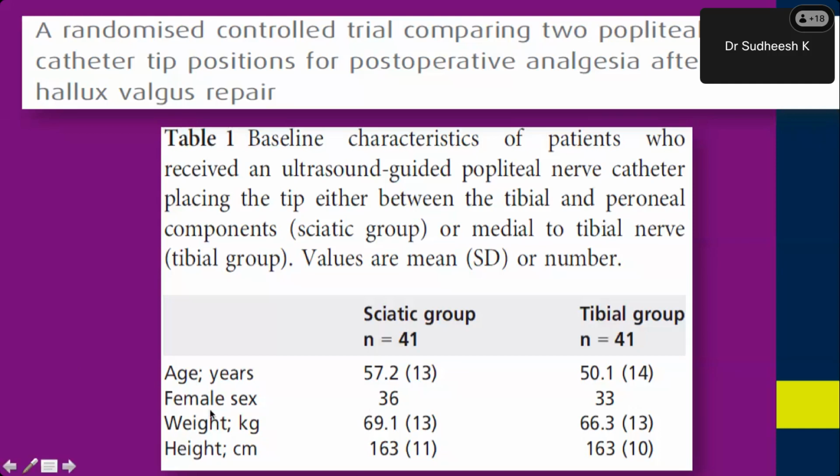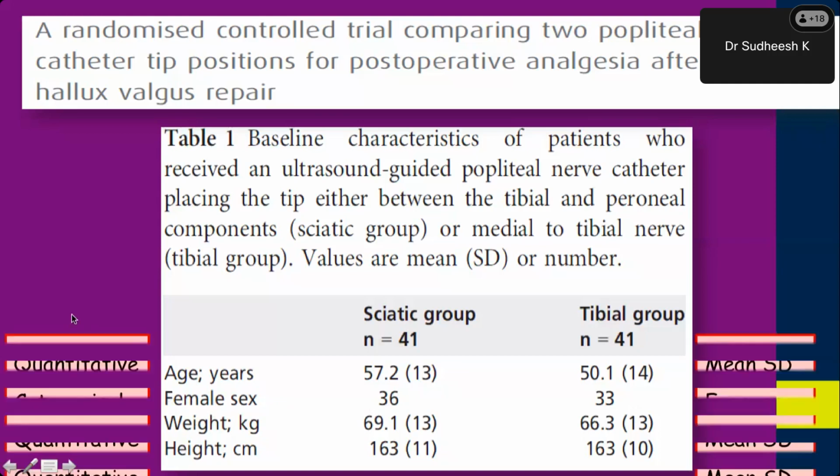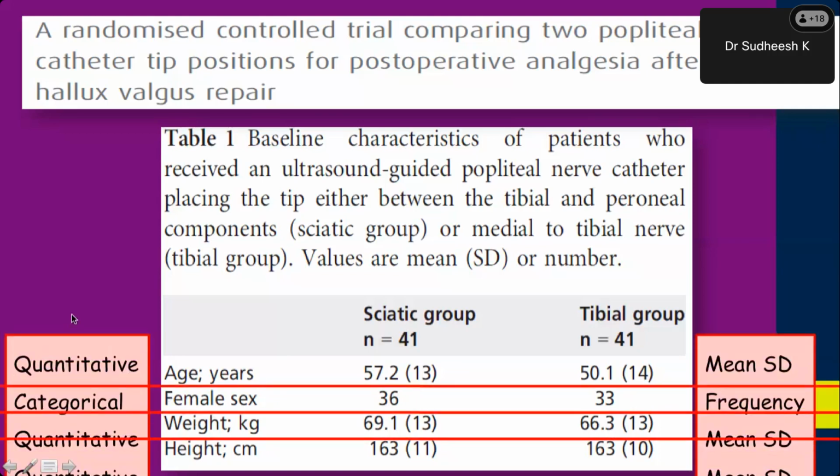Next, gender, 36 and 33. So what kind of data is this? It is categorical data, because it has got only two categories, isn't it? Male or female. There is nothing in between. So therefore, it is nominal categorical data.